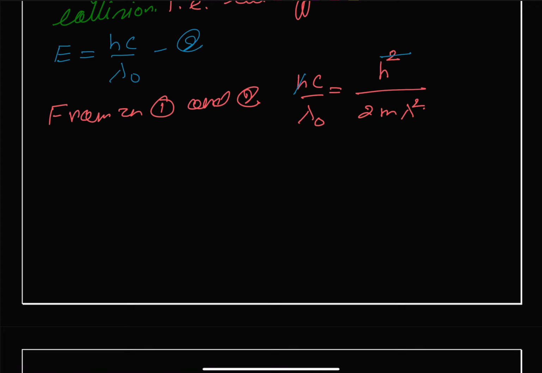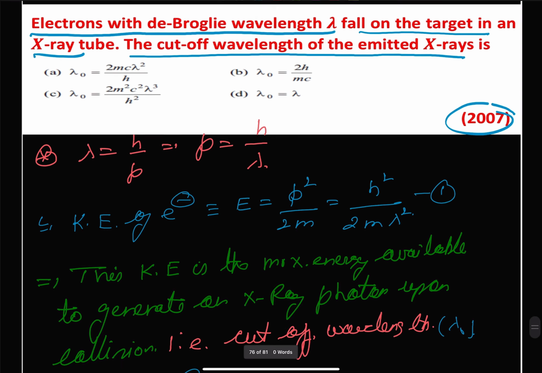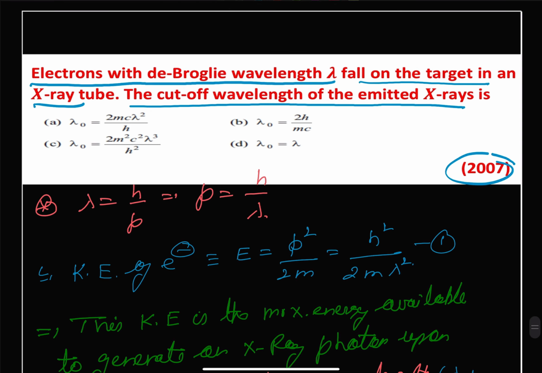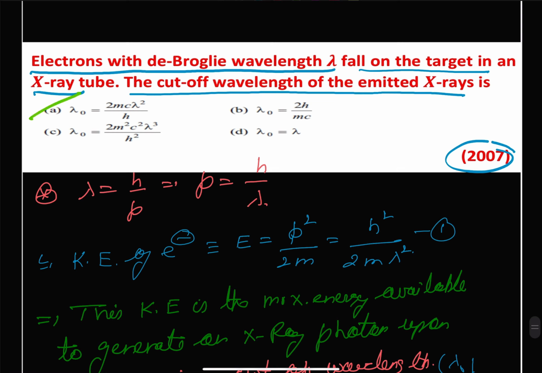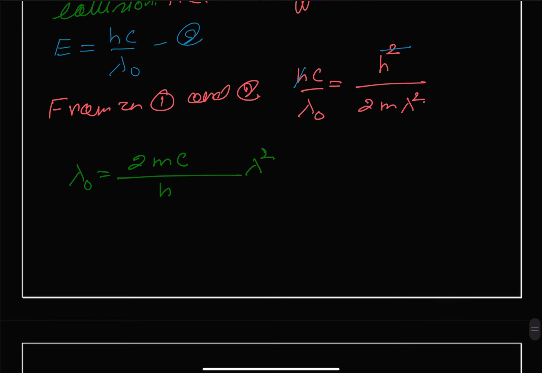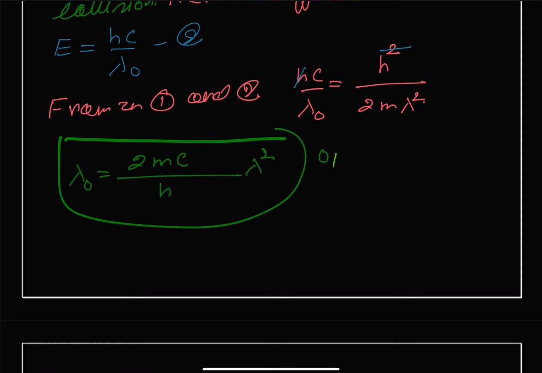Therefore we can say our lambda naught is equal to 2mc upon h multiplied by lambda square. So this is our 2mc upon h lambda square. Option A is correct.